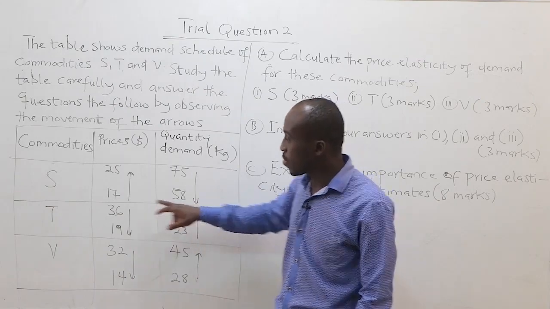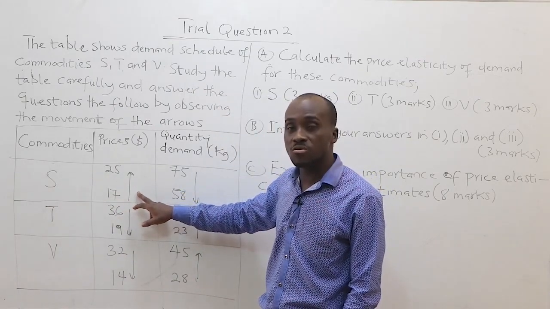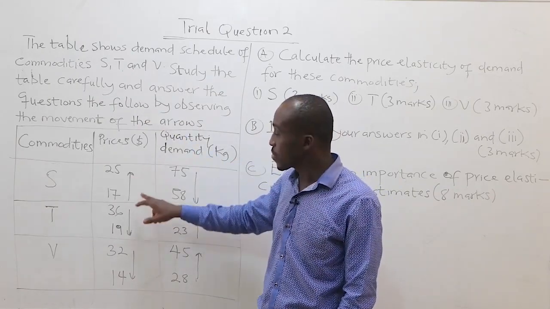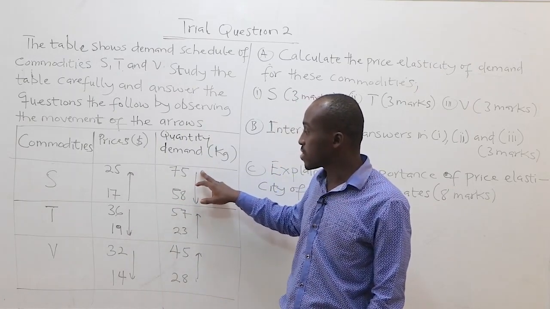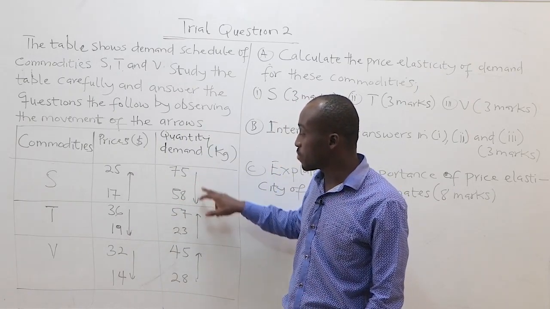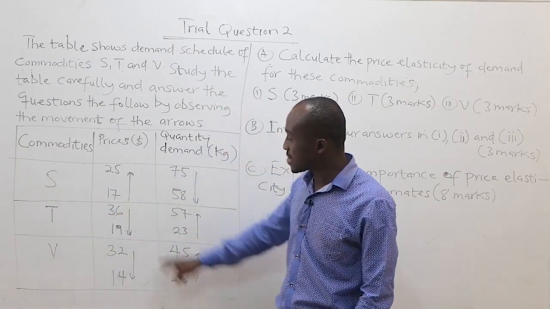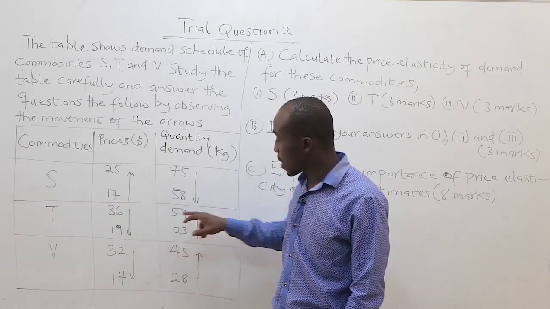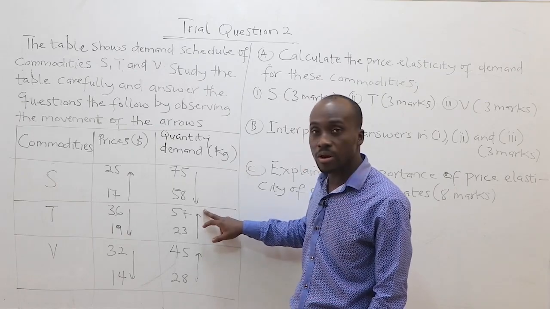In commodity X, the price increased from $17 to $25. The quantity demanded decreased from 75 kilos to 58 kilos. What about T? The price decreased from $36 to $19, and the quantity demanded increased from 23 kilograms to 57 kilograms.